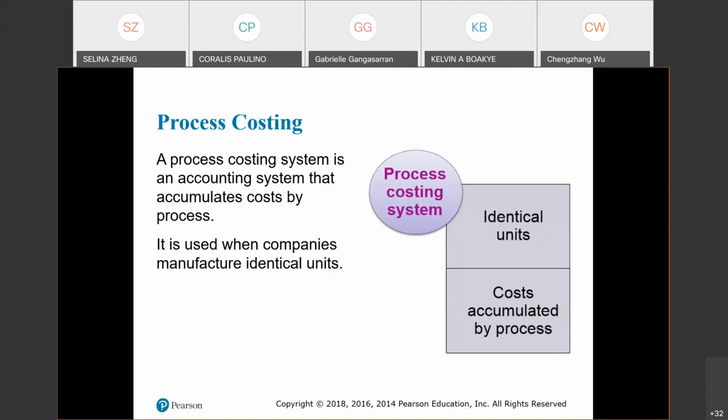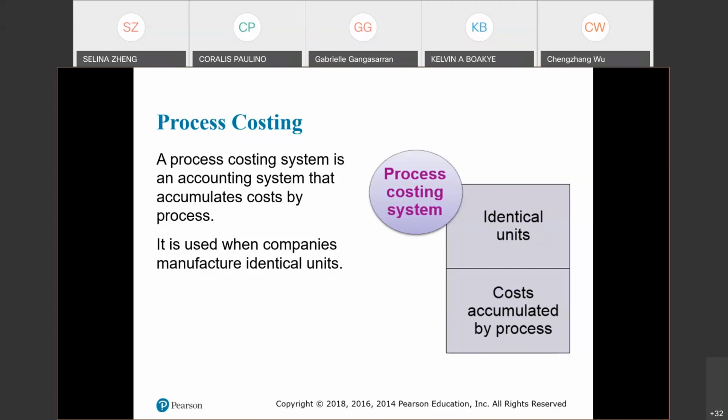Some companies may use both job order and process costing. For example, an RV manufacturing company might use process costing for its standard units, but would use job order costing for custom-made orders.